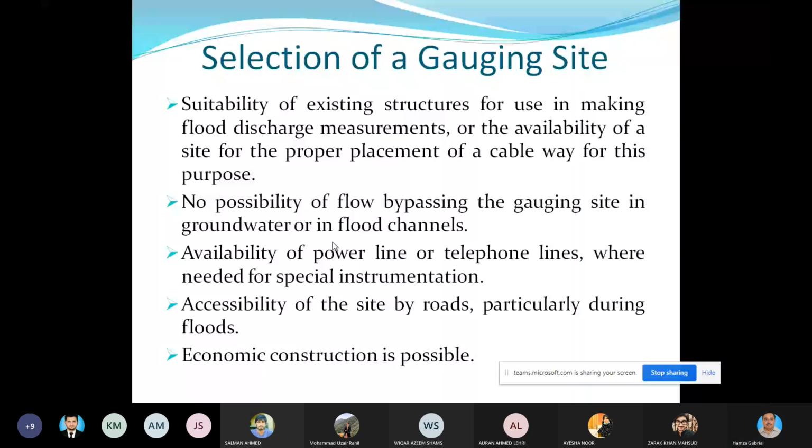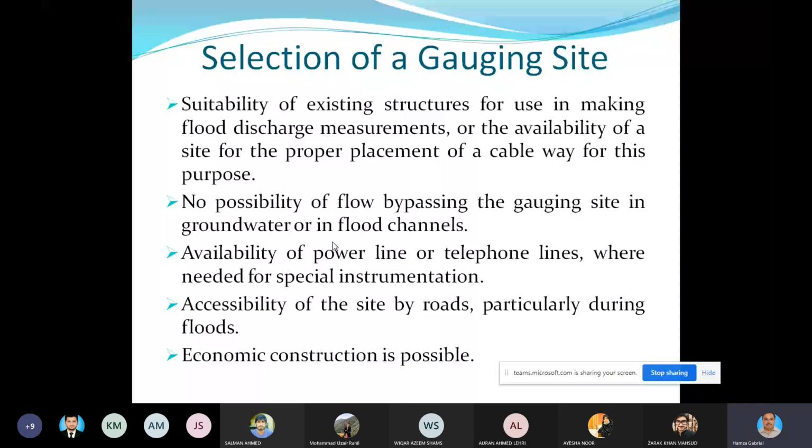So it should be above the bifurcation, so that you measure all the discharge. And if you want individual discharge measurements on those bifurcations, you have to install other gauges on the bifurcations.